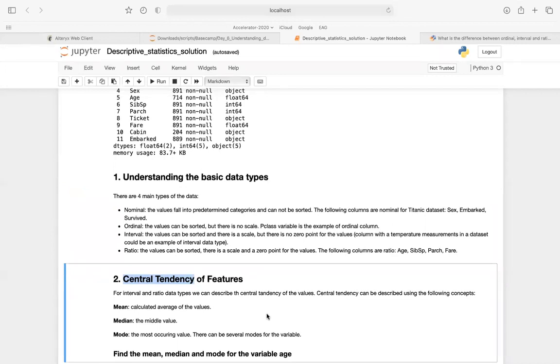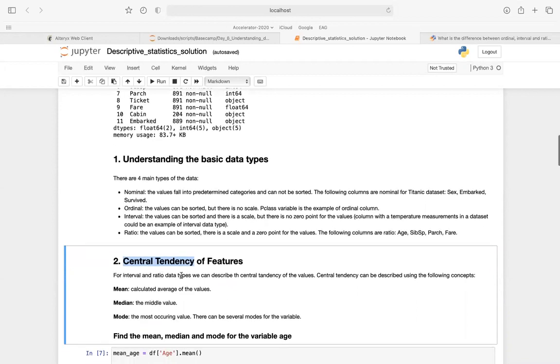Again, I'll repeat one more time. Do I have any central number that can describe my entire data set? Is that clear? So the idea behind central tendency is finding one number or one element that can talk about your entire data set.